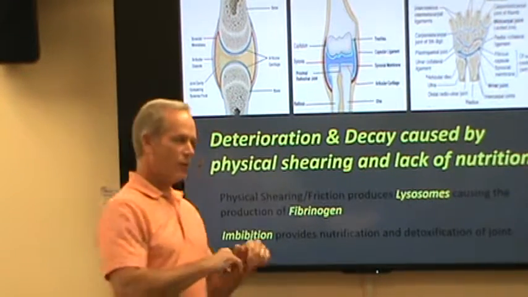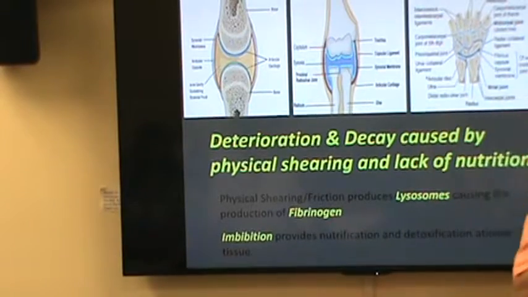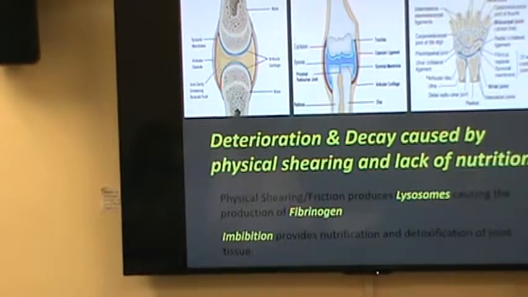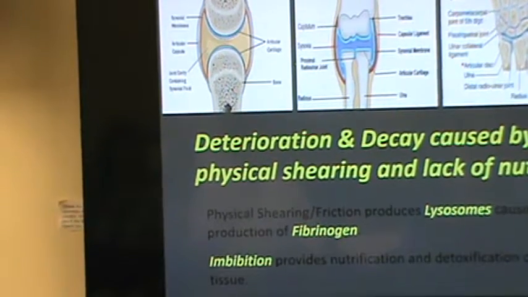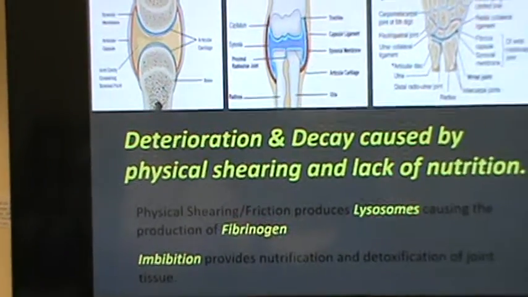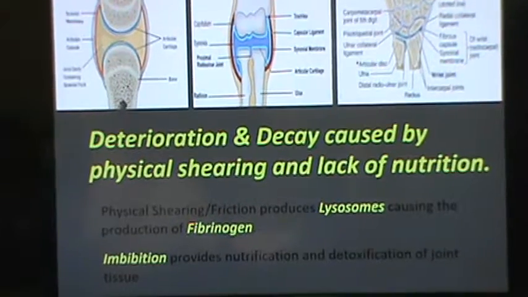So if a joint shifts a little bit, it's not going to move properly. On one side you have that shearing going on, and throughout the whole joint you're getting lack of imbibition, so you're getting lack of nutrition to that joint.